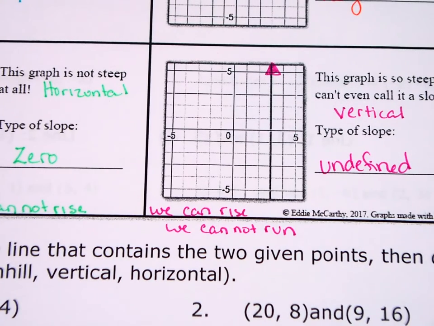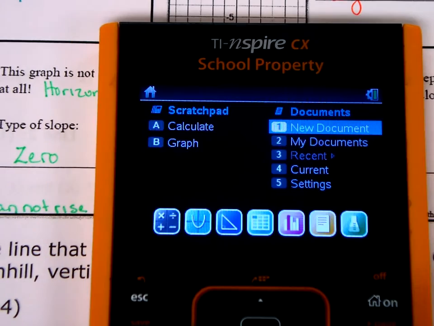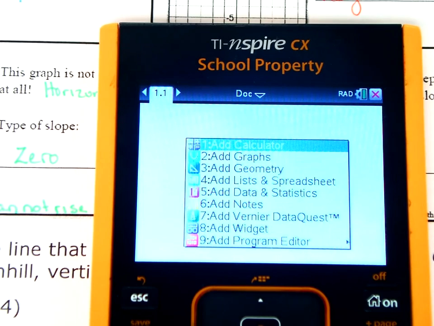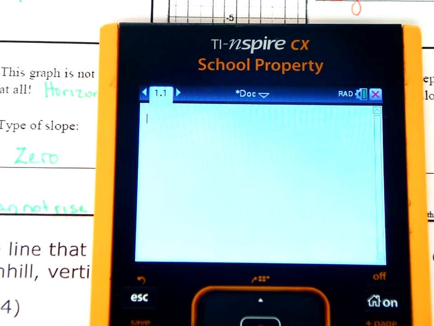And if you ever get 0 and undefined confused and you're not sure which one to use when, you can put it in your calculator. Because if I calculate my slope as a rise over a run, let's say 0 over 15, I know that's going to be a horizontal line because 0 is my rise.